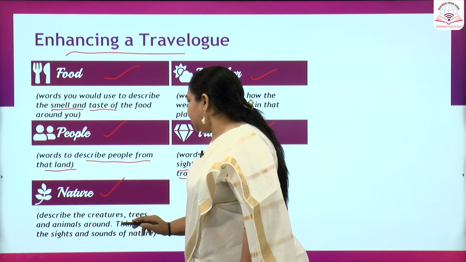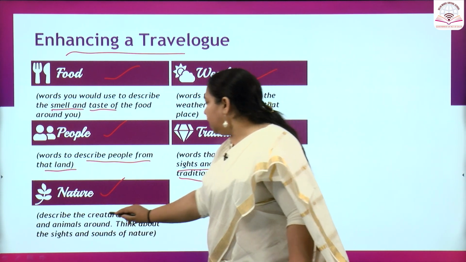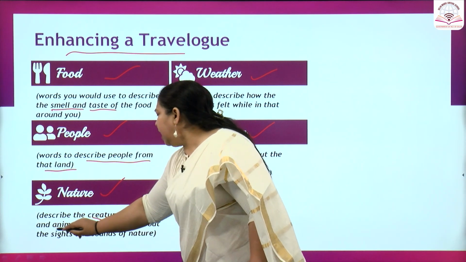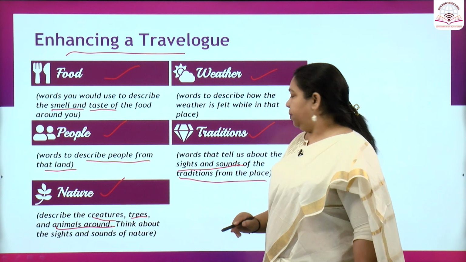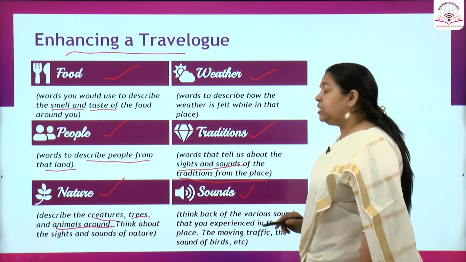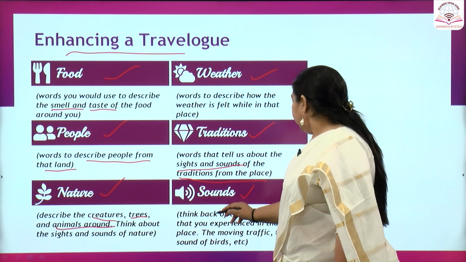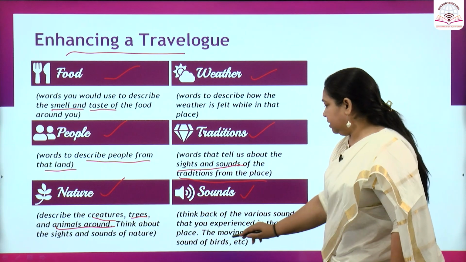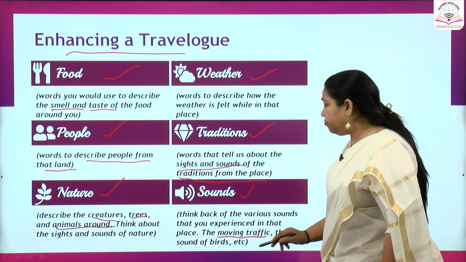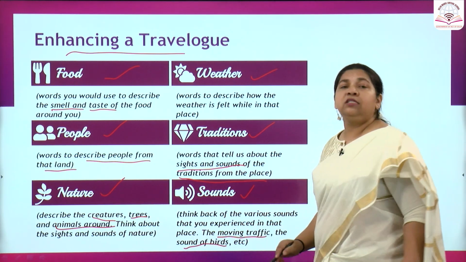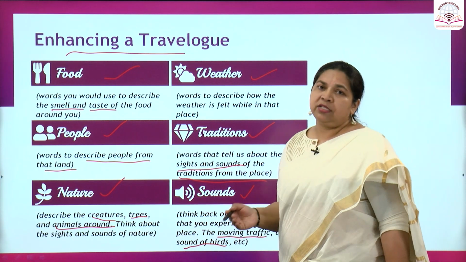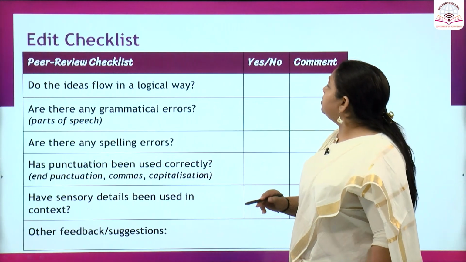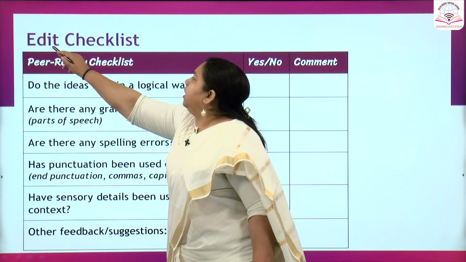Then comes nature, describing the creatures, trees and animals around there. And last but not the least are the sounds. Think back to the various sounds that you experienced in that place, like the moving traffic, the sound of birds or sounds of rivers.